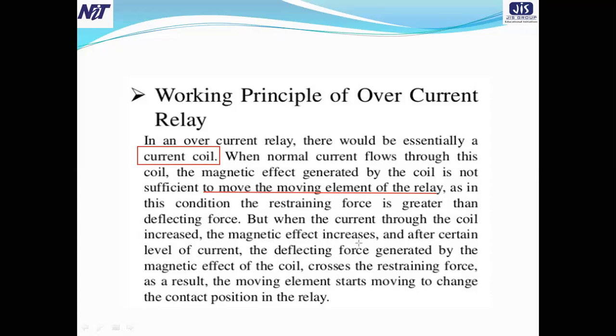But when the current through the coil increases, that means if the current flow is more than the normal current, then some problem will arise.